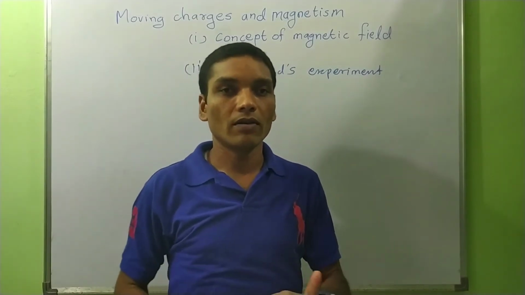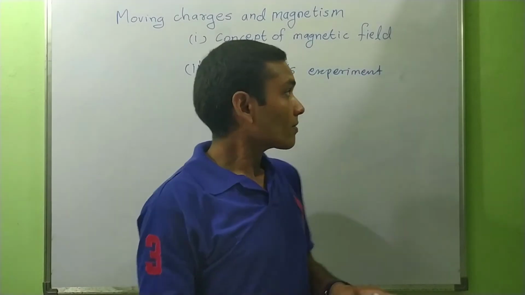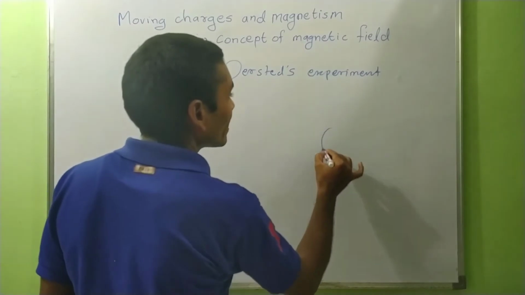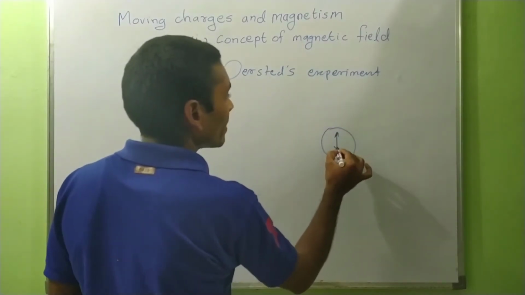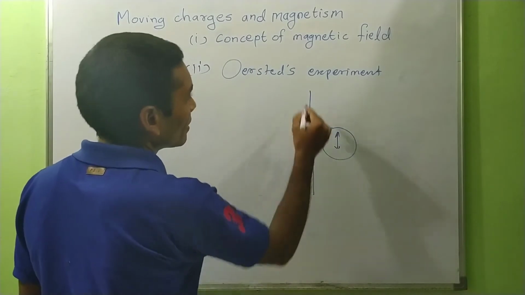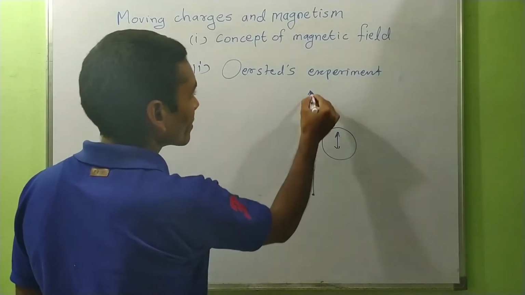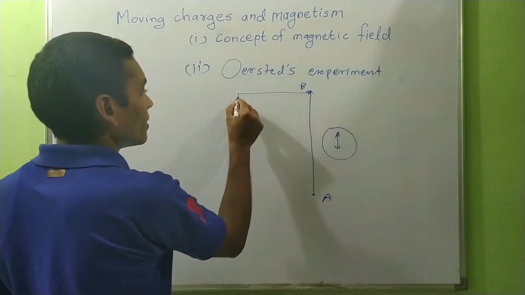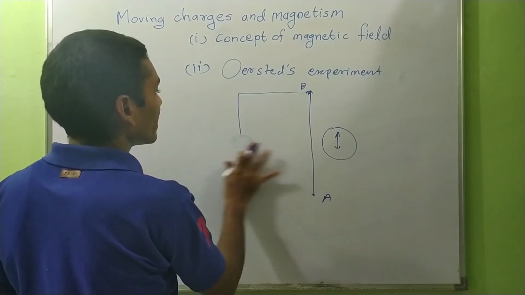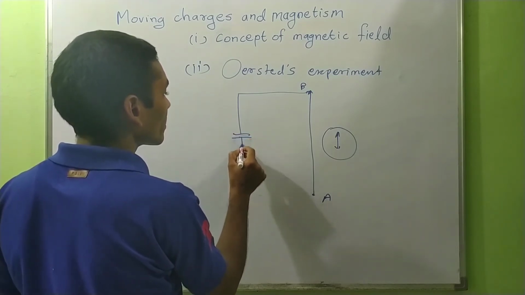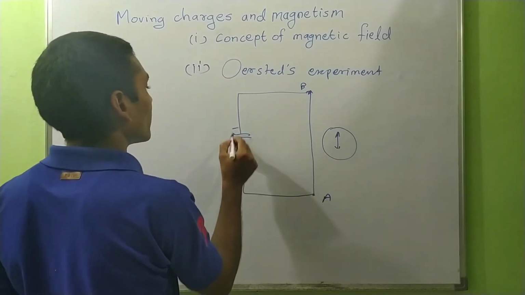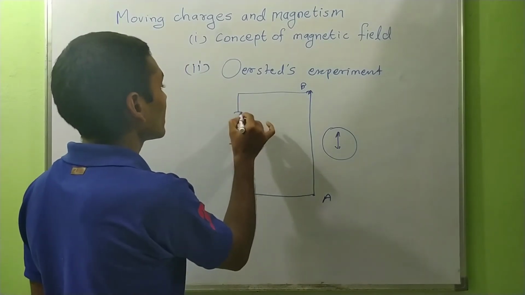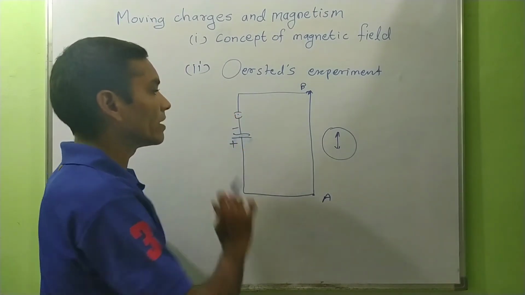So first of all, Ørsted said that if a magnetic needle is placed near a current carrying conductor, let this conductor be AB, and a battery is connected to the conductor, with this the positive terminal of the battery, and a key connected in series with the battery.